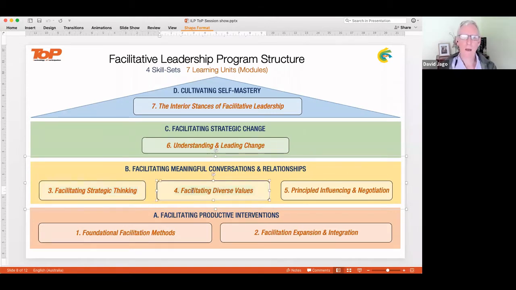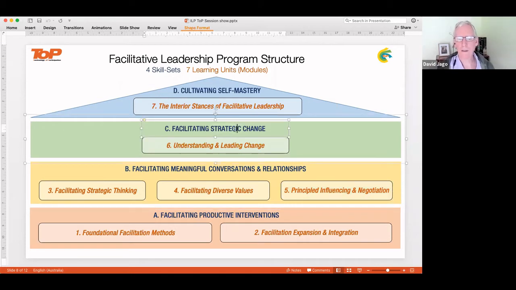The fourth learning unit content is around working with diverse value structures and how to facilitate those in action. The fifth one borrows from the Harvard School of Negotiation and focuses on how you work with influencing a negotiation in a principled kind of way.